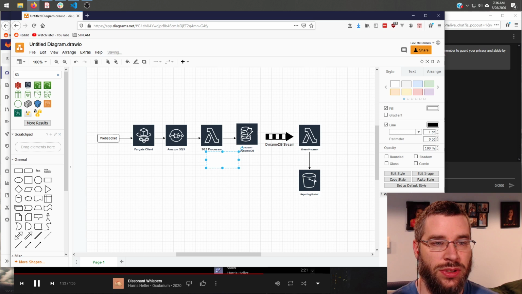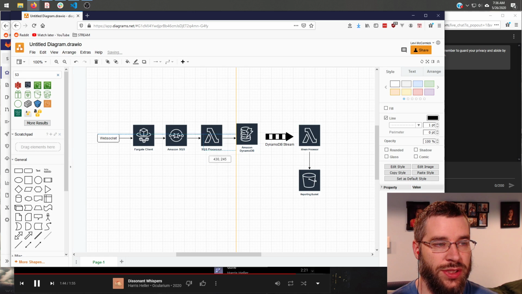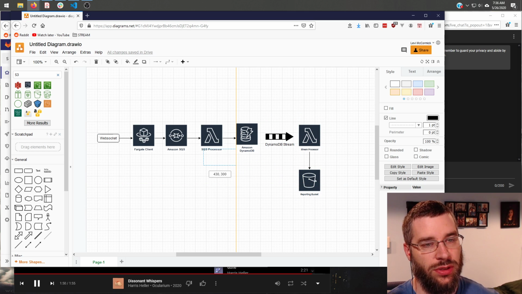Let's do dashed line, because everybody knows that dashed lines are where it's at. We're going to give it transparent background, because that way when we drag it over or around our objects, we don't cover it up.